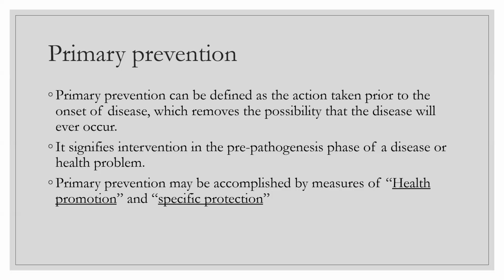So primary prevention seeks to take action prior to the onset of the disease, such that even though there is exposure to the risk factor, you can aim to say this disease will not occur.